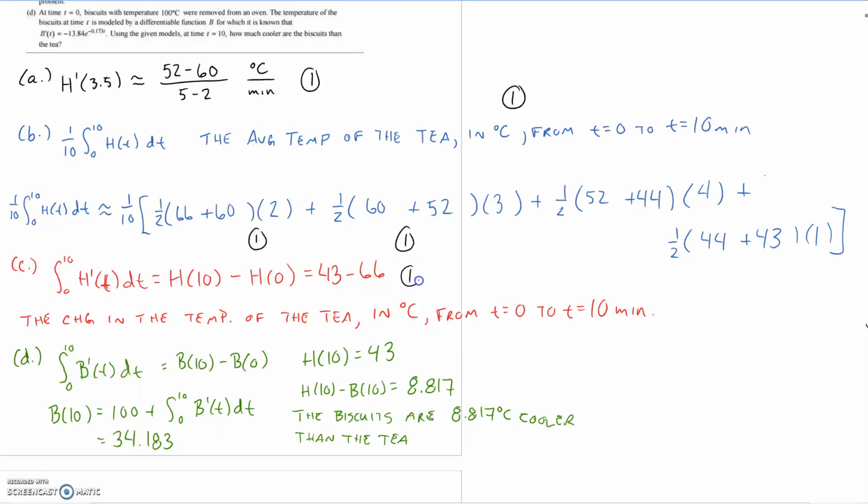One point for the value of the integral of h prime from 0 to 10. One point for the meaning. One point for using b prime of t as the integrand. One point for using b of 0 equals 100, and then one point for your final conclusion that the biscuits are 8.817 degrees cooler than the tea.